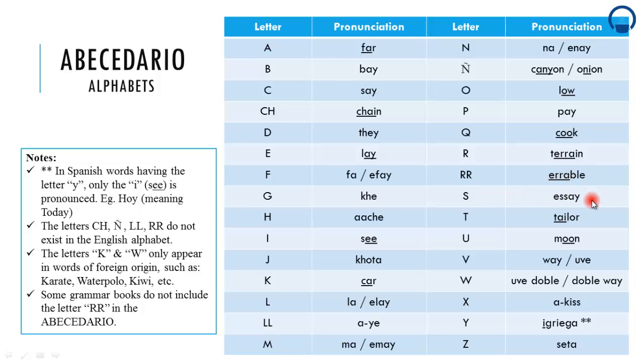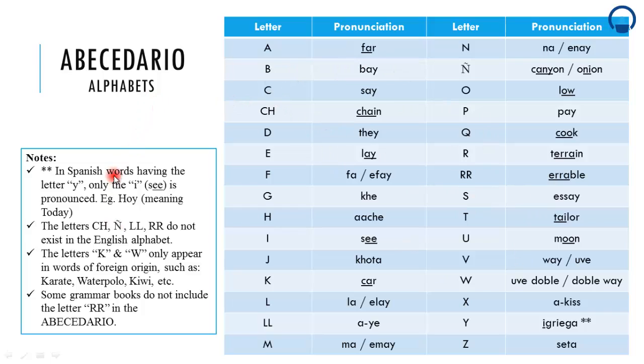S, Esse. T, Te. U, U. V, Ve or Uve. W, Uve doble or doble V. Ek Akis. Y, Y. Z as Seta. Now that's the 30 letters we have, the 30 alphabets in Spanish.